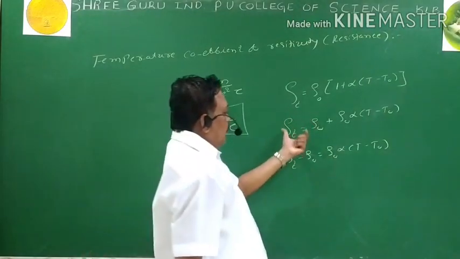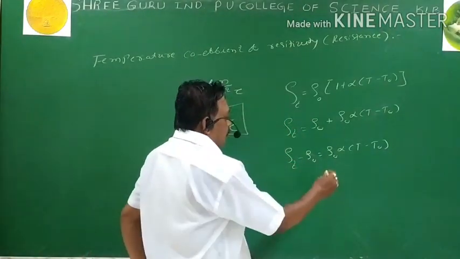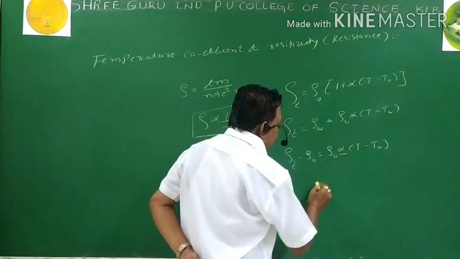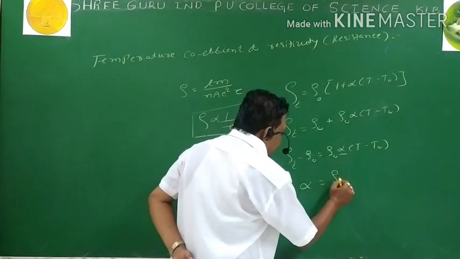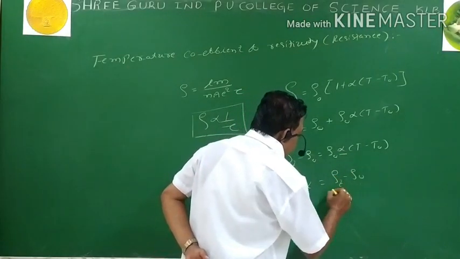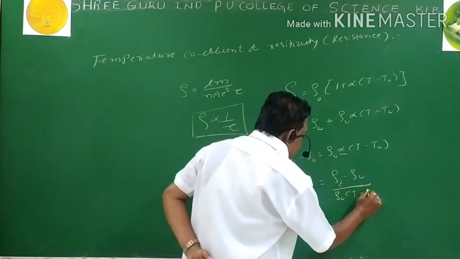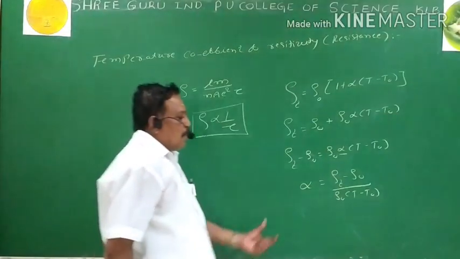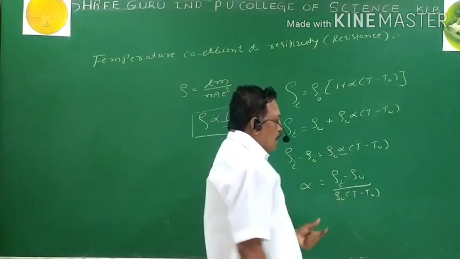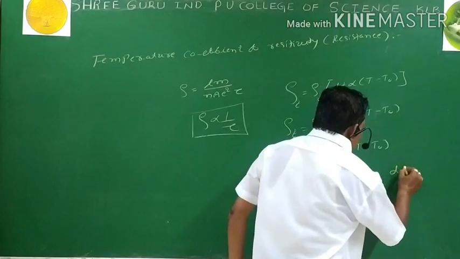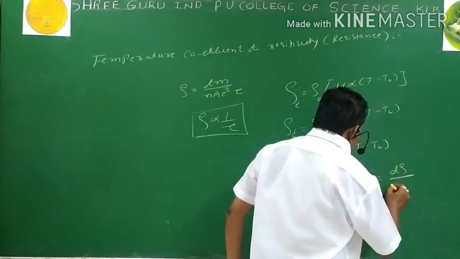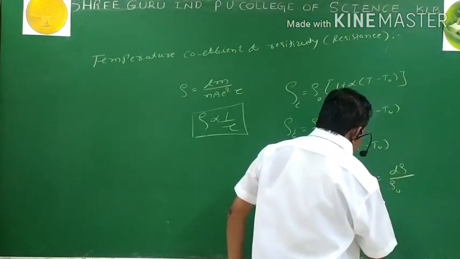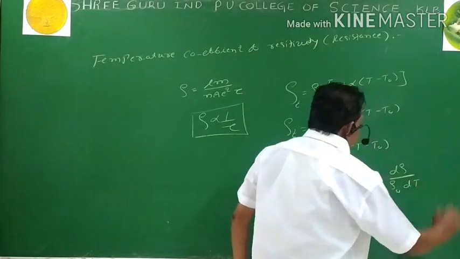Then by rearranging the equation, I want to have the expression for alpha. Alpha equals, shall I write, change in resistivity, delta rho, divided by rho naught and the change in temperature, dT.